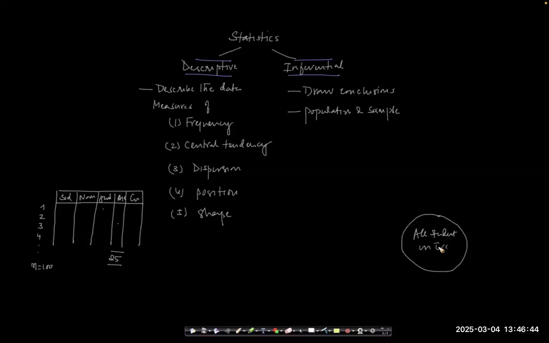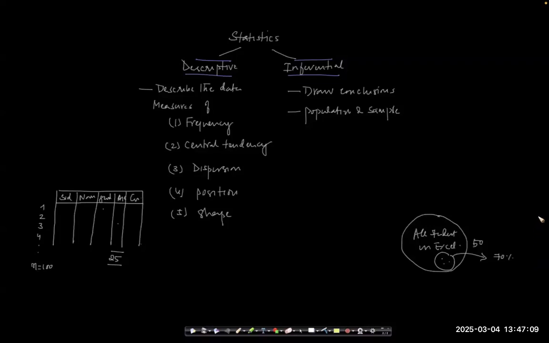But it is not possible for me to do any analysis by asking every student in XLR. So I'll take a sample. I'll ask some 100 or 50 students some questions and figure out how they are doing. Say I see that 70% of them have got placed.